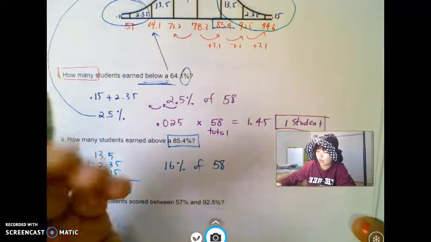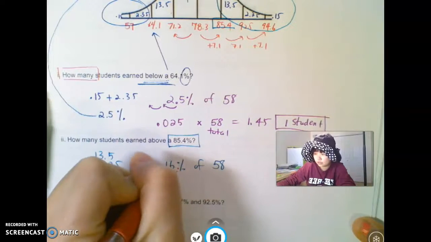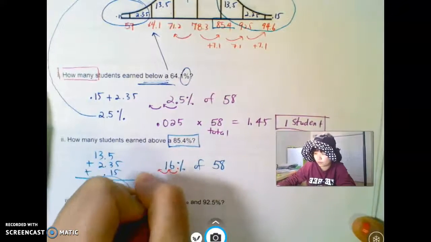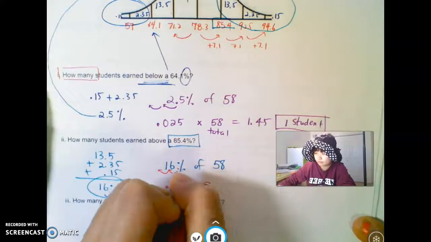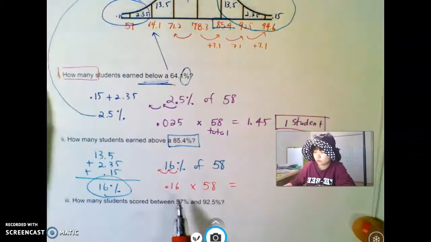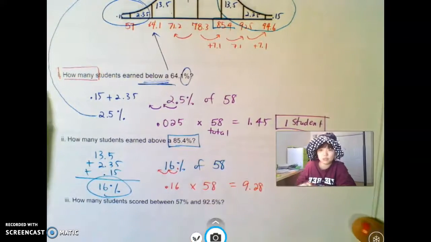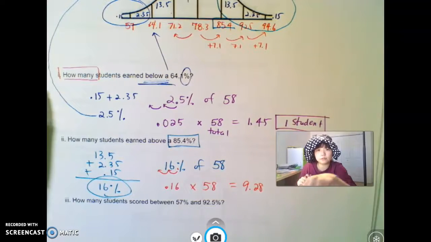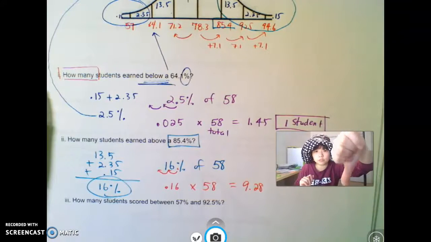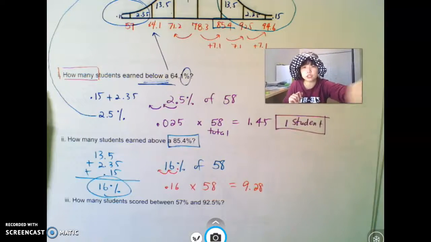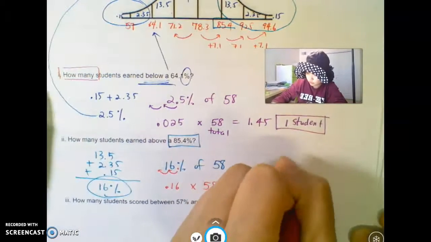I like percents to decimal, so it makes 0.16 times 58. So 16% of 58 gives me 9.28. If you get 9.28, we need to round down. So it should be just 9 students.